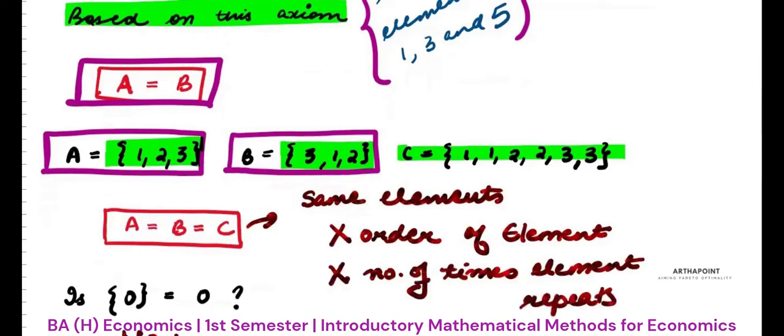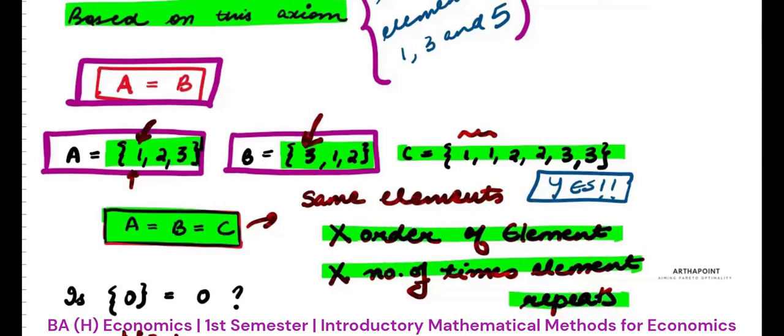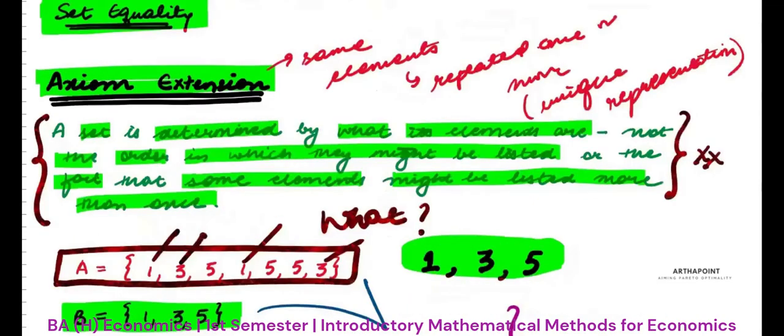I am not concerned with whether 3 comes first or 1 comes first, or whether 1 comes twice or just once. Are we having the same elements? The answer is yes. If we have the same elements, then those sets are equal. So set A is equal to set B is equal to set C, according to the axiom that we studied.